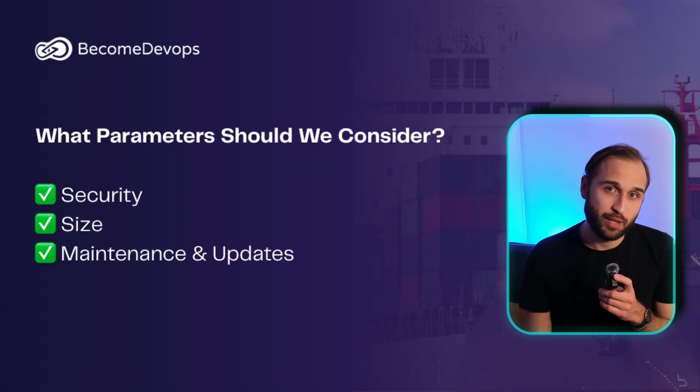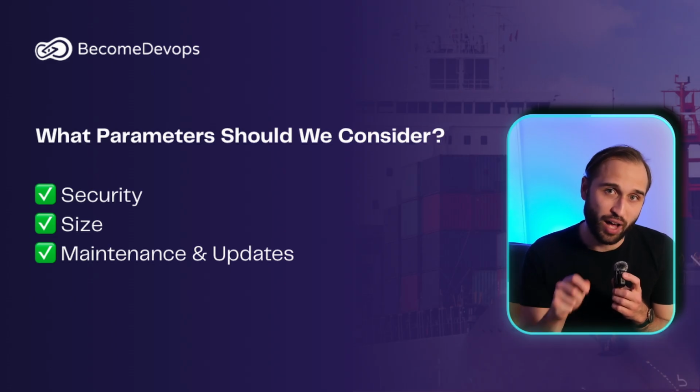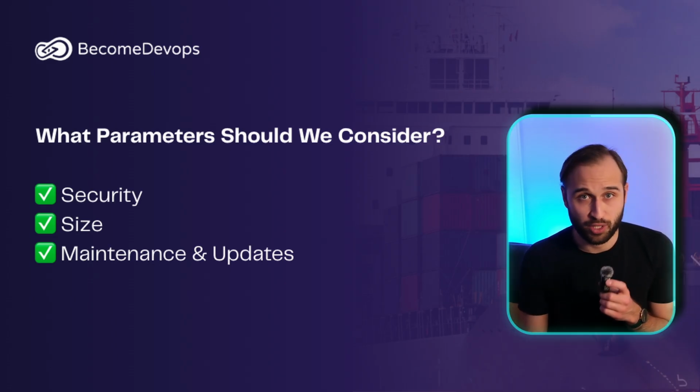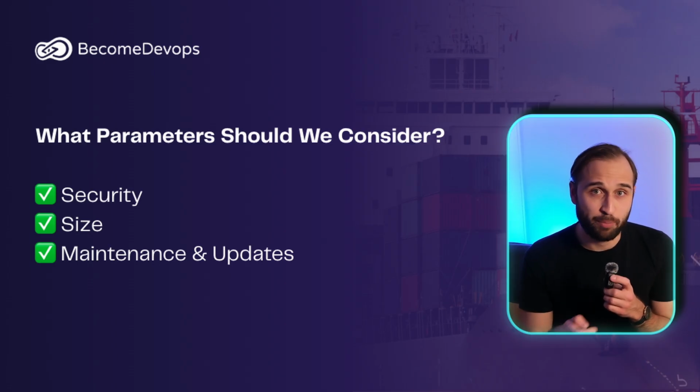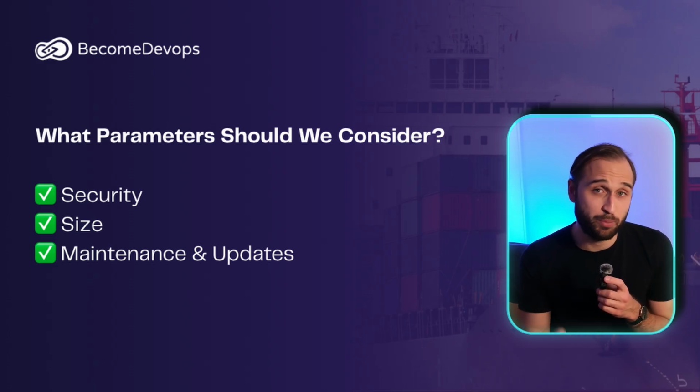Parameter 3, maintenance and updates. When it comes to long-term maintenance, choosing the right base image can save you a lot of hours or even days of work over the lifetime of your project. Official language images like Python, Node, Ruby, Golang, and openjdk are maintained by the language communities and Docker maintainers.